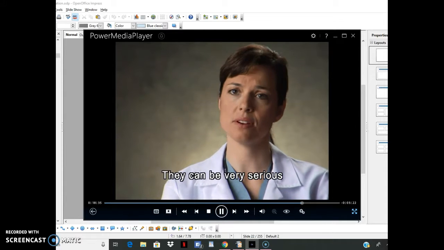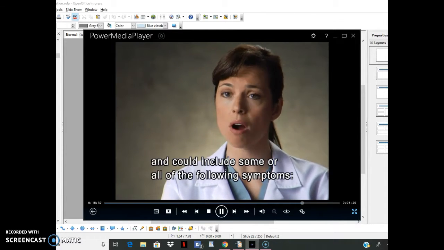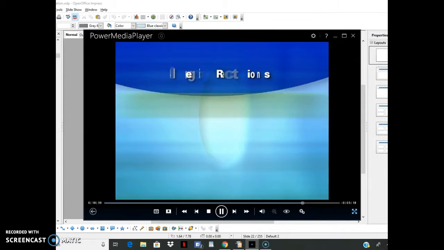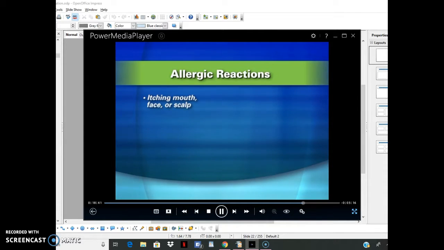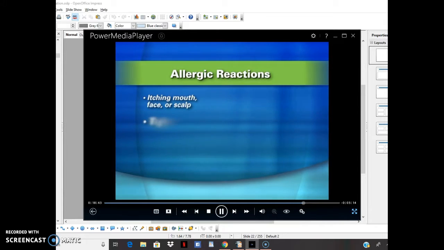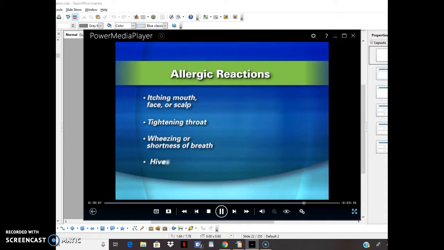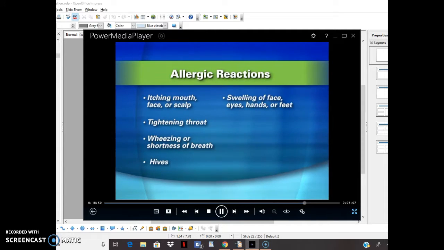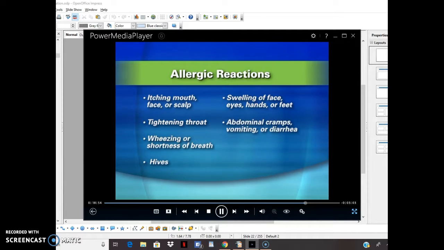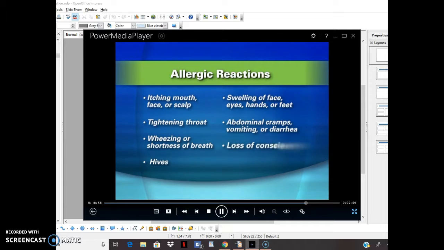They can be very serious and could include some or all of the following symptoms: itching in and around the mouth, face, or scalp, tightening in the throat, wheezing or shortness of breath, hives, swelling of the face, eyes, hands, or feet, gastrointestinal symptoms including abdominal cramps, vomiting, or diarrhea, loss of consciousness, and even death.